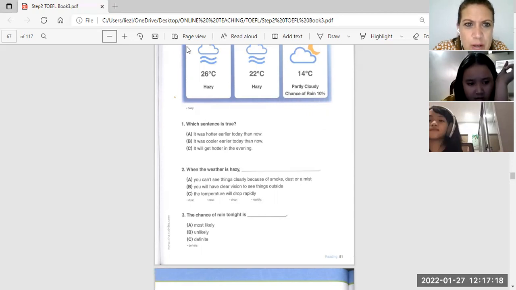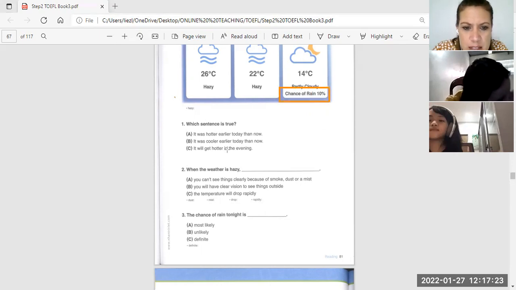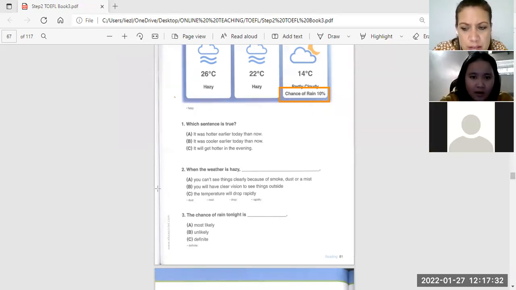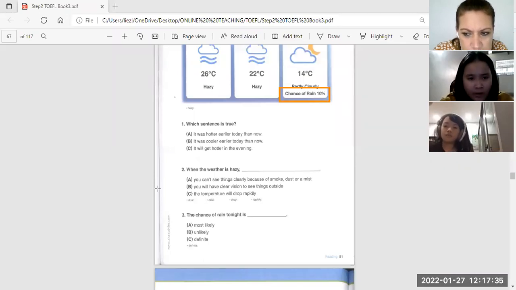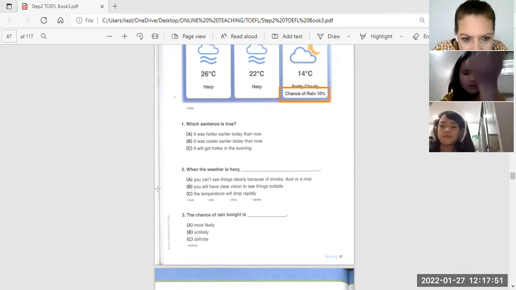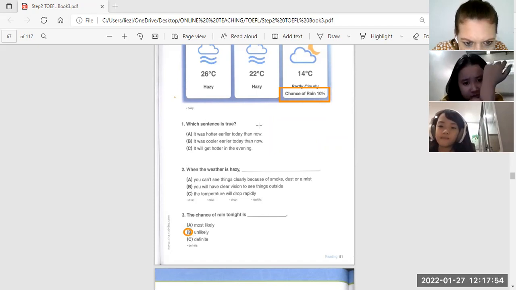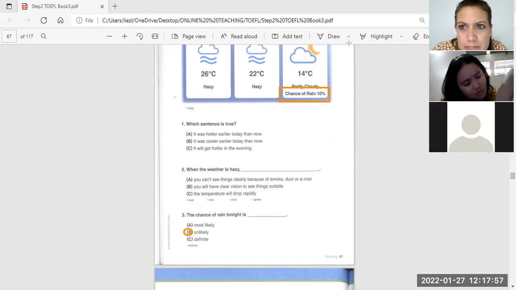Partly cloudy, chance of rain is 10%. What's the chance of rain? It's 10%. Unlikely, unlikely, unlikely.